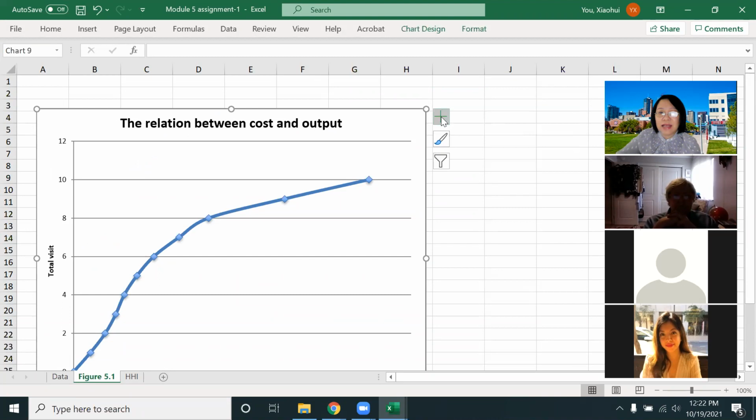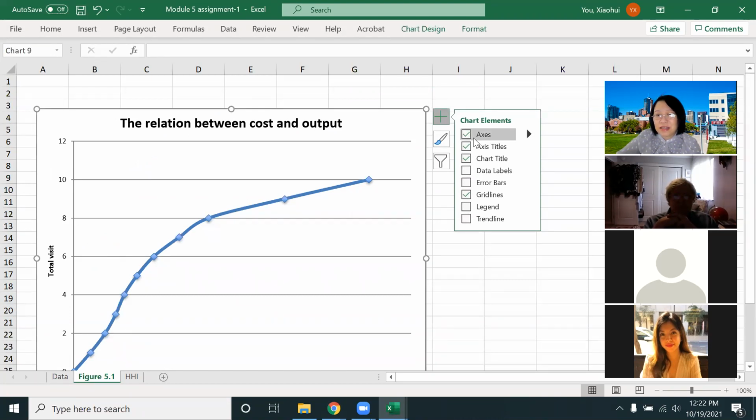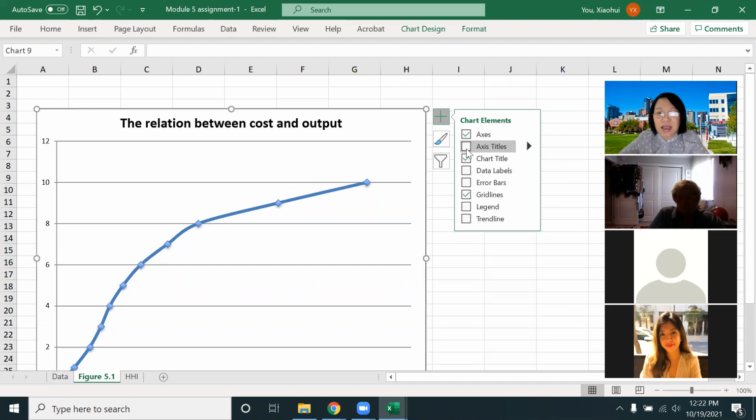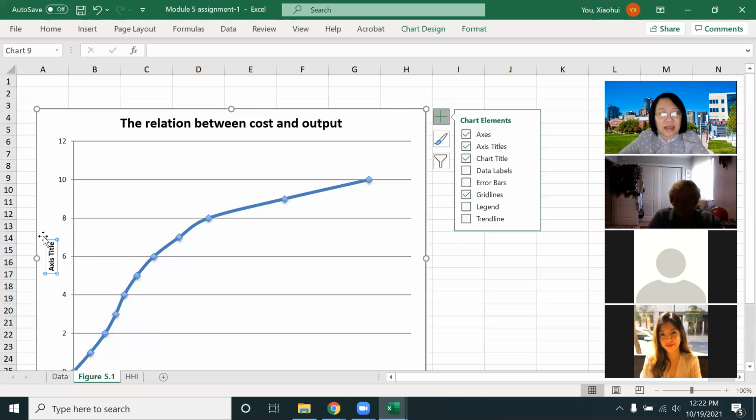Click it, and you find a list asking what elements you need. You just check the axis titles and chart titles. So you can add the title for the axis like this. If you uncheck it, see, it disappears, right? And then if you click it, see.